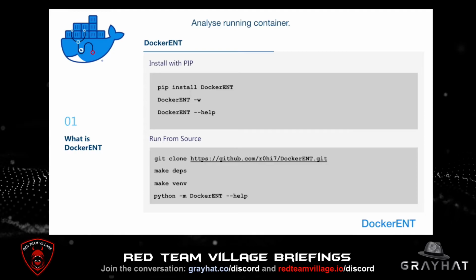If you don't provide that option, then you will have to provide the -d option, which will perform the Docker scan on the command line itself. And -d-nw will perform a Docker network scan. Right now there are no plugins for Docker network, but this is how it looks, and this is how simple it is to use DockerENT in the current scenario.